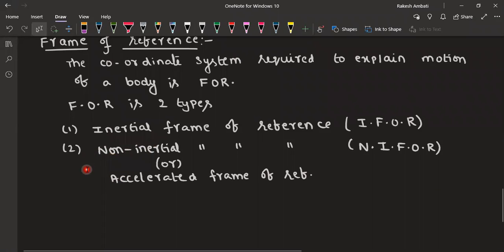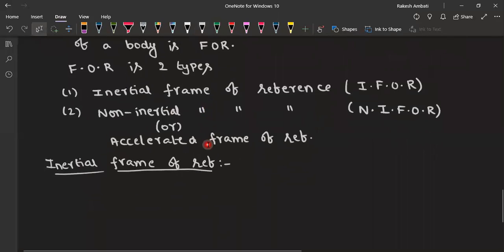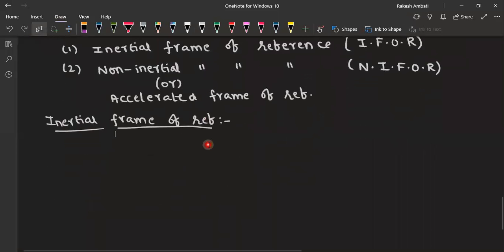First, keep the heading inertial frame of reference. What is the meaning of inertial frame? Write down the important points.